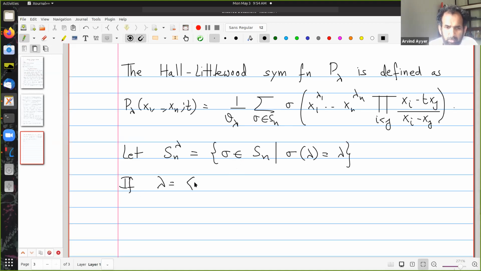So if lambda is 1 in frequency notation, 1 to the m1, 2 to the m2, etc., then S_n lambda is the set of permutations in which the first m1 places don't do anything, act arbitrarily.